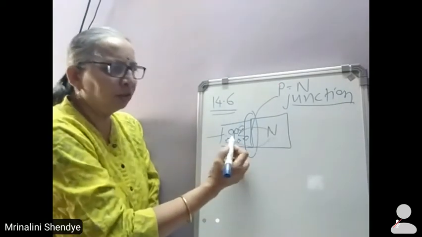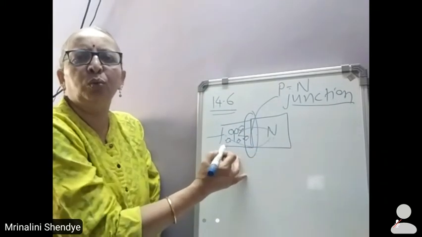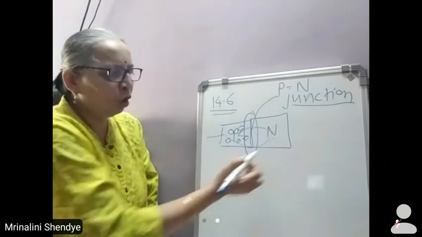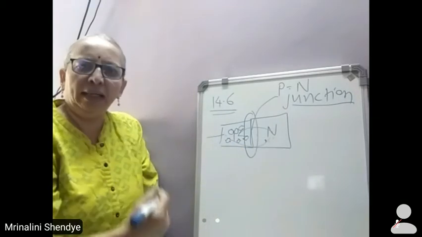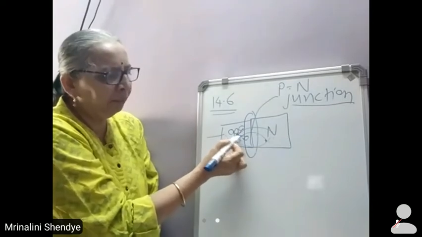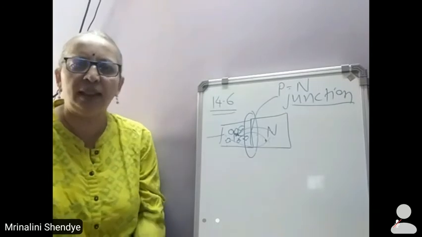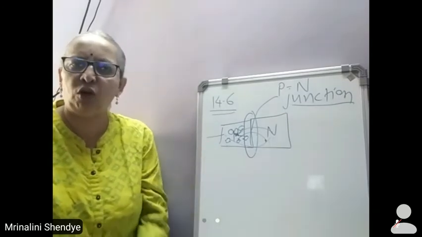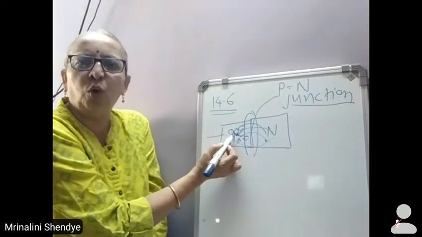They cross the junction and go into the other side, go into the other type. So electrons from N region diffuse, migrate, cross the junction and enter in P region. In P region, there is lack of electrons, that is, formation of holes is already there. So they recombine with these holes.